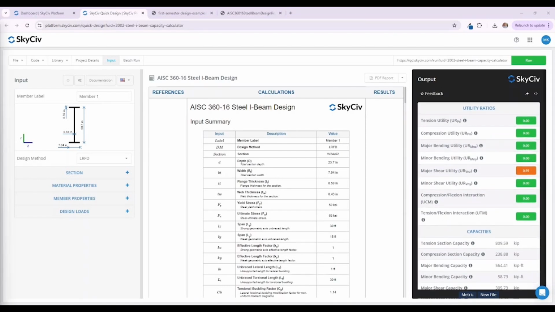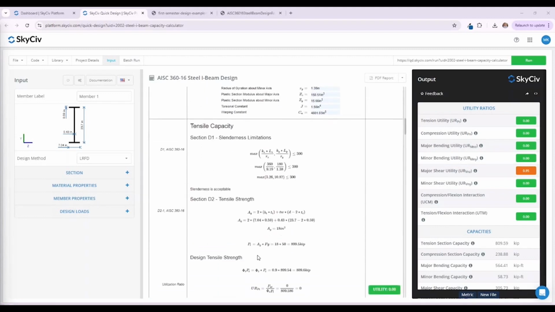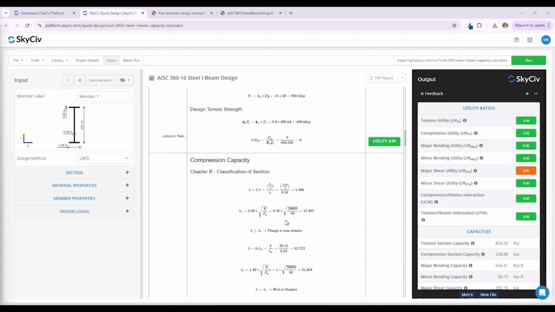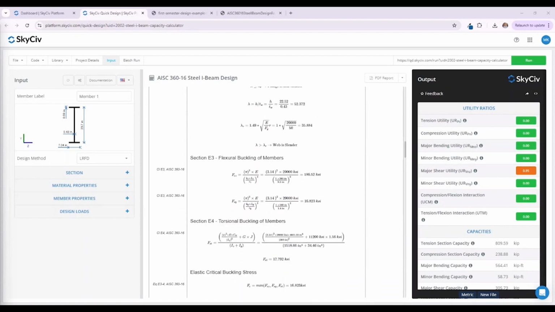This is also reflected in the comprehensive hand calculation report. Each engineering result is given an easy to follow detailed breakdown. I have already downloaded a copy of my PDF report by selecting this PDF report button, so let's take a closer look in a different tab.